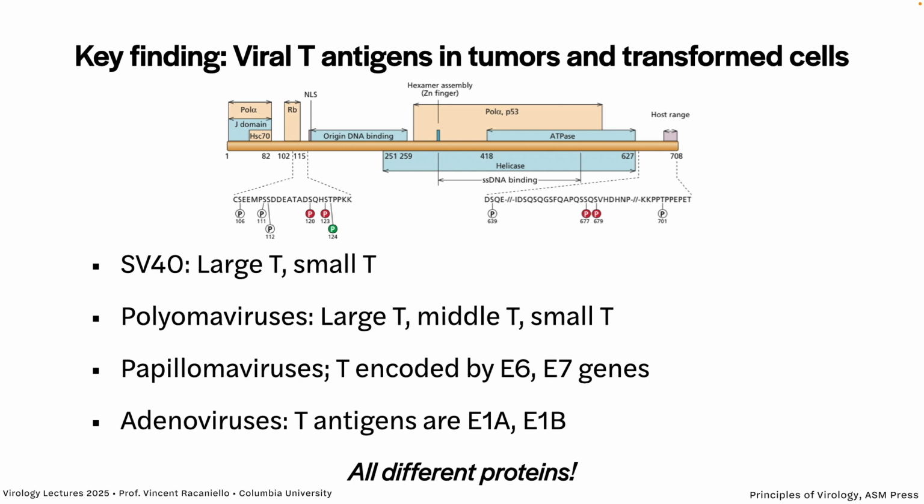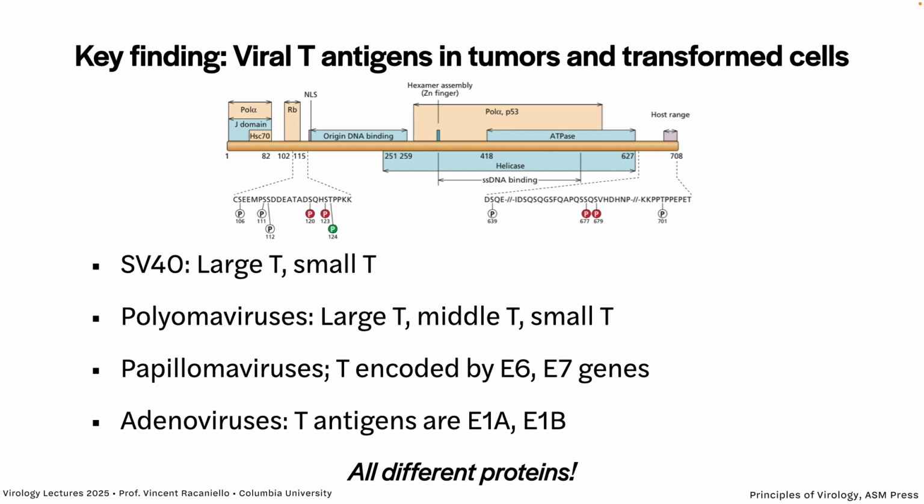A key finding that people made when studying all of these viruses in transformed cells and tumors is that there's always a viral T antigen present in tumors and transformed cells. For SV40, that would be T. Remember large T antigen? Polyomas, there's T antigens.